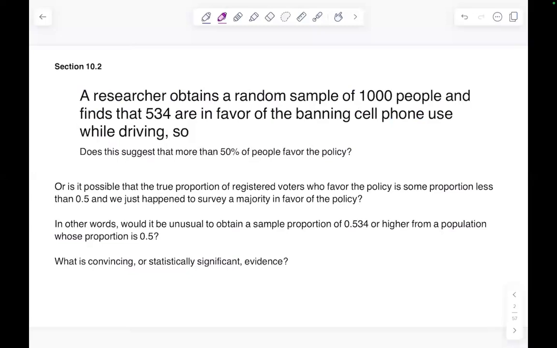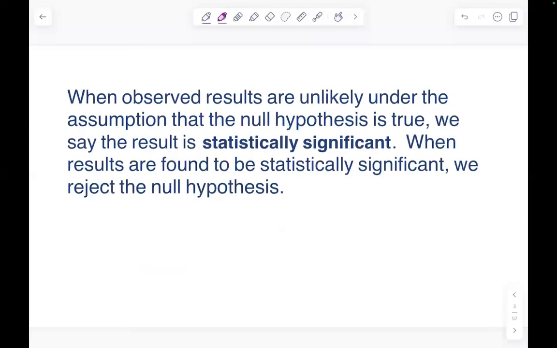Okay, so it says, is it possible that the true proportion is less than 50% and we just happened to survey a majority in favor? So we need to figure out if it's unusual or statistically significant. As I talked about on Tuesday, if something is statistically significant, then we would end up rejecting the null hypothesis.